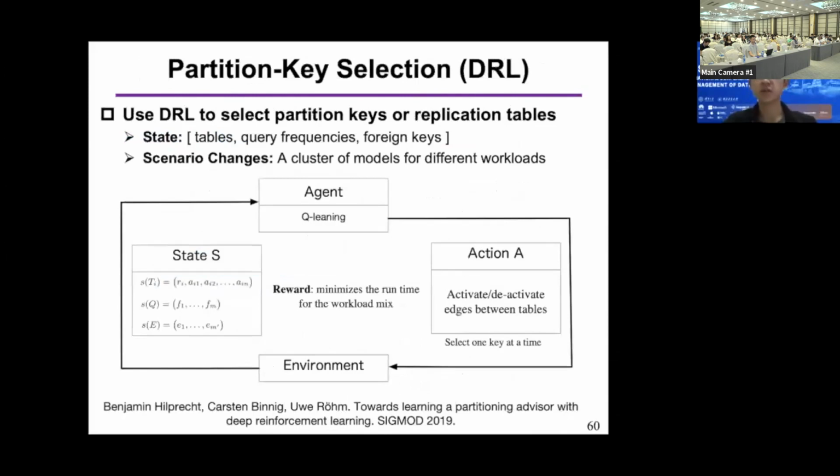So there is also a deep reinforcement learning-based method. They first encode the tables, query frequencies, and the foreign key constraints into a state vector, and use the deep reinforcement learning model to select a partition key or a replication table at each iteration. They can learn from the reward to optimize the selection policy.